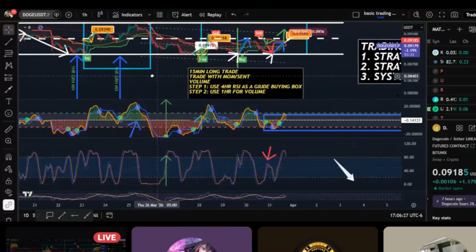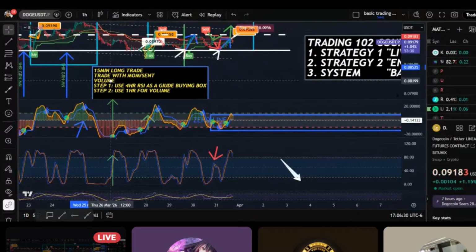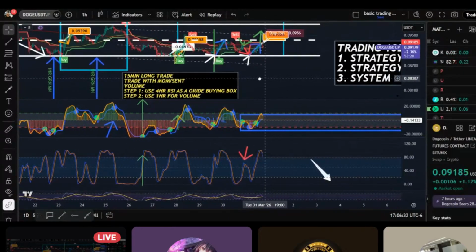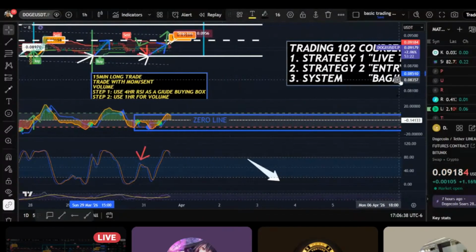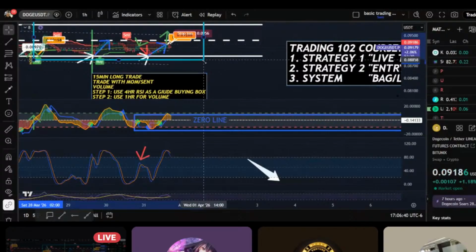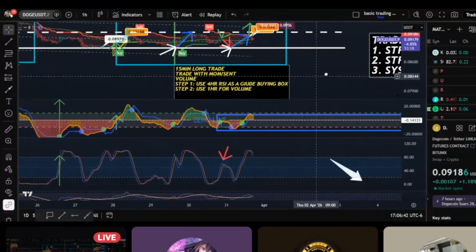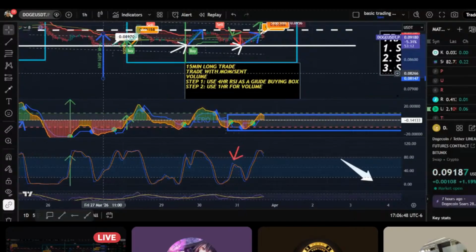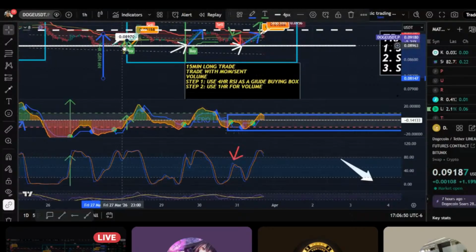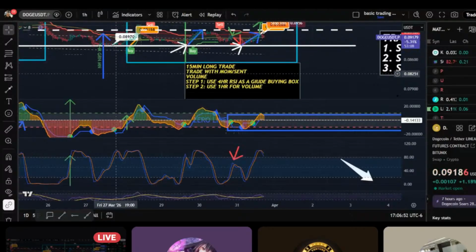Now let's slide down here, and we're going to reset this again. This time we're going to do it on our other buying box, right? The very first thing in our trade is that we are trading with the 4-hour RSI trading box, which is here. And the next thing we're going to be trading with is the 1-hour moon.